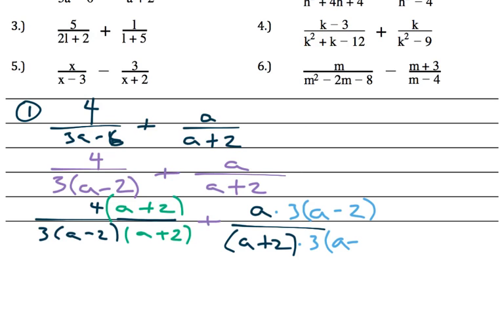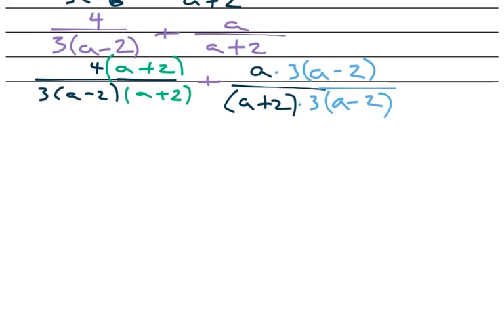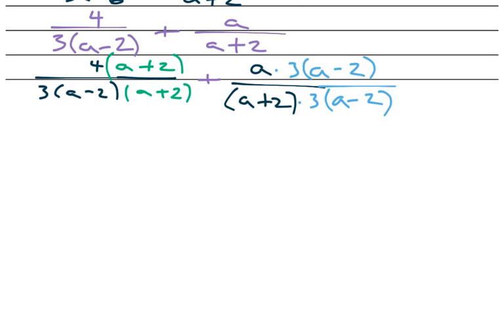So I got 3a minus 2 in both locations. So that now when I go and try to simplify and combine these fractions, I will not distribute anything in the denominators. Doing all that is extra work that I don't need to do.